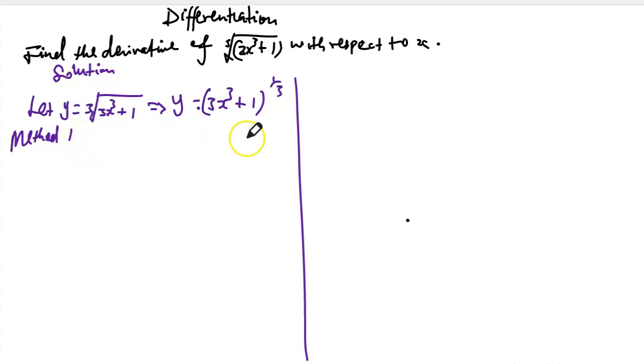We know that from indices, the cube root of a is equal to a to the power 1 over 3.